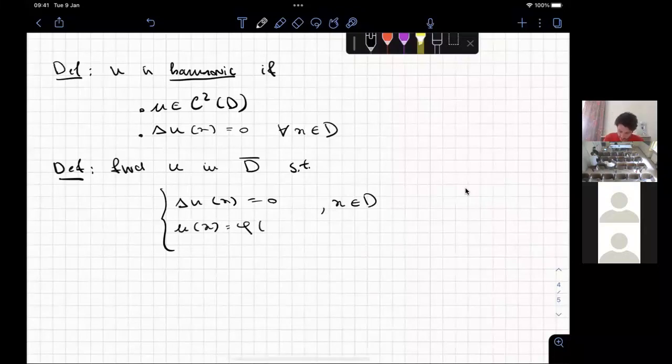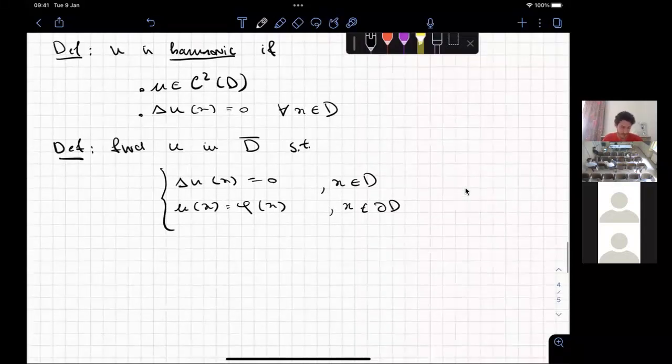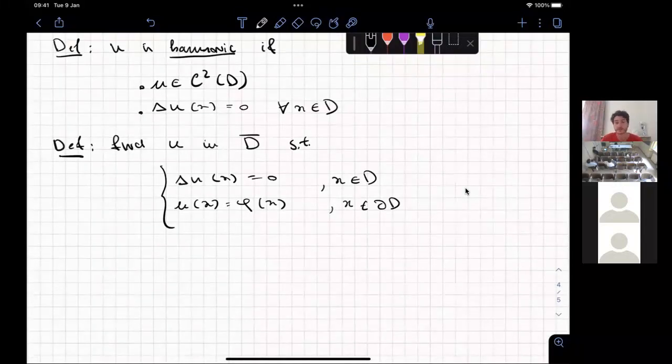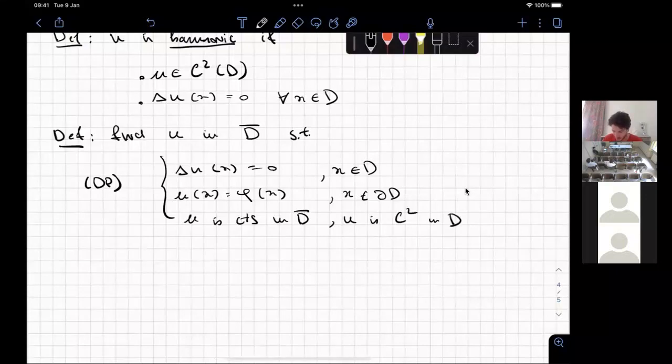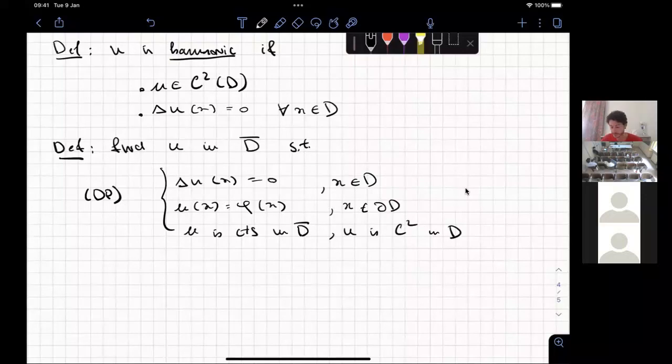So this guy is equal to phi(x) if x belongs to the boundary. And moreover, we require a little bit of smoothness. Here we ask that U is continuous in the closure, and U is C2 in the open domain. Okay. So this is the Dirichlet problem, the right way of writing down what I introduced above.